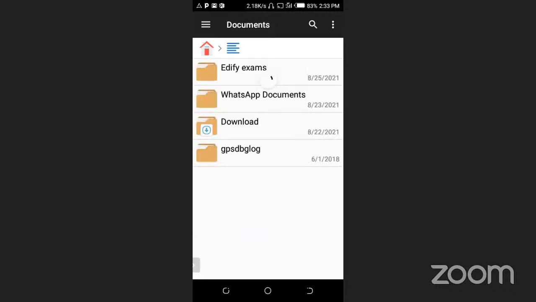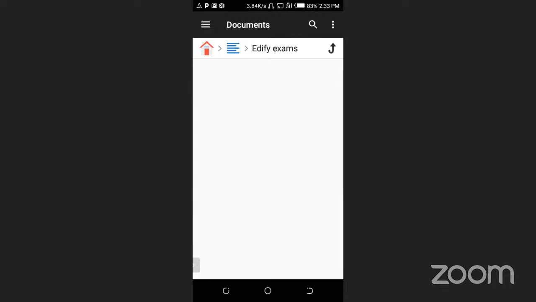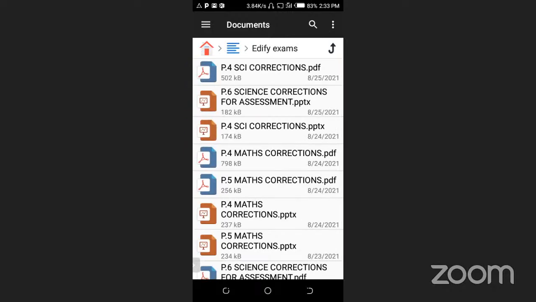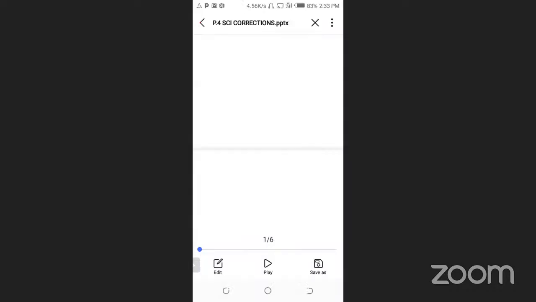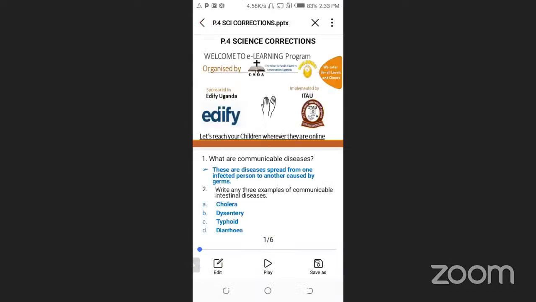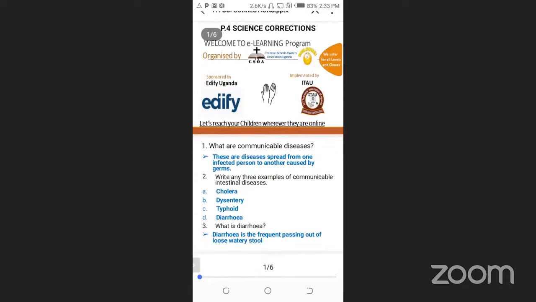Okay, if he's not there, we can continue. Members, you know that vectors are insects which spread diseases. So there is the word spread and there is the word cause.